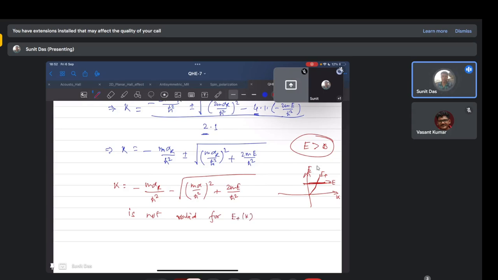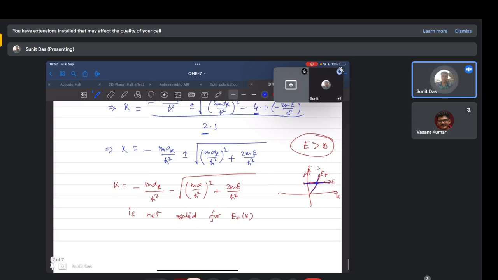So we are trying to find k, right? This intersection. So this is E plus, and this is some constant energy where I want to find the density of states. So k is simply this point, or the solution. k cannot be negative also, so this is not a valid solution.